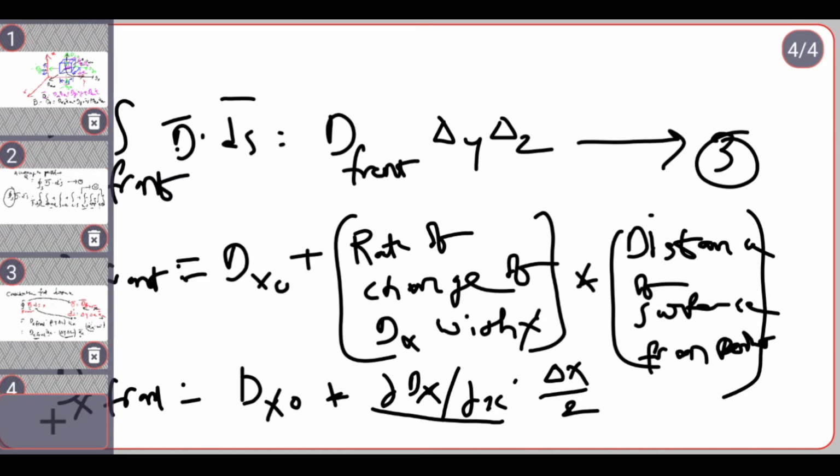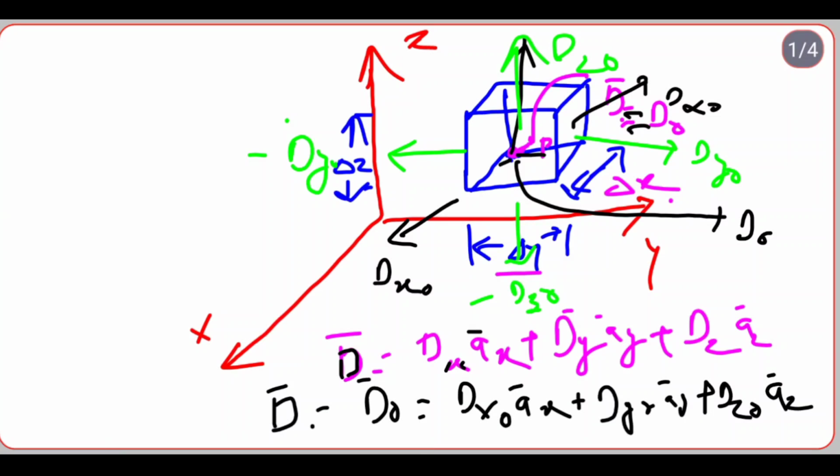The point P is the center, so the distance of the surface in x direction from point P is delta x by 2.